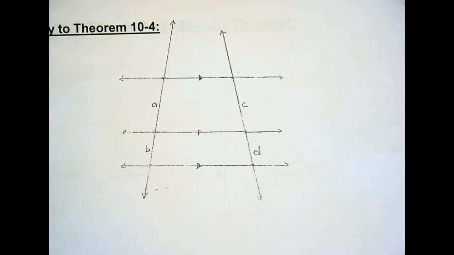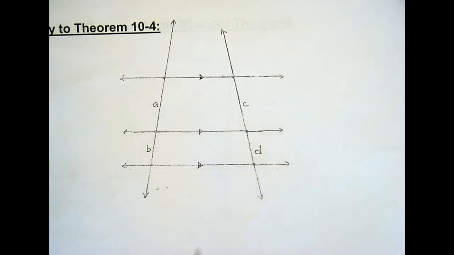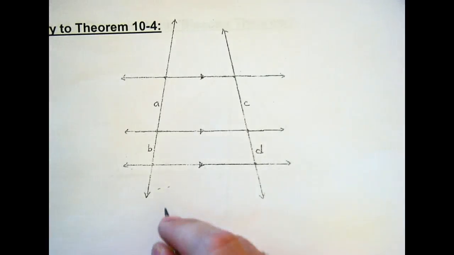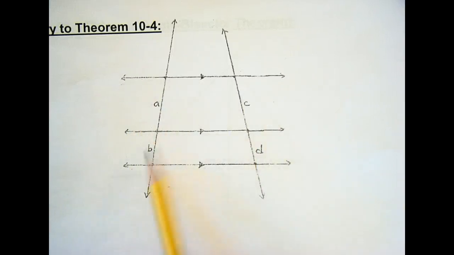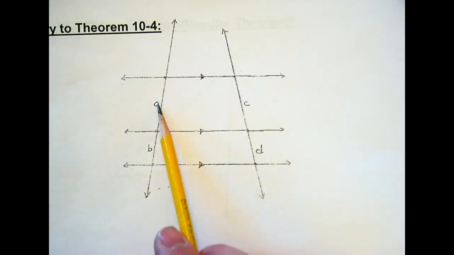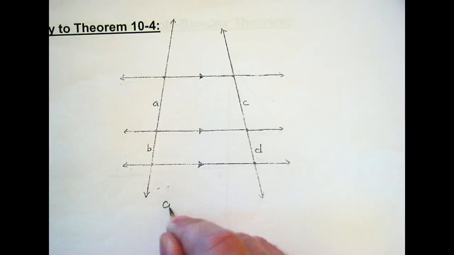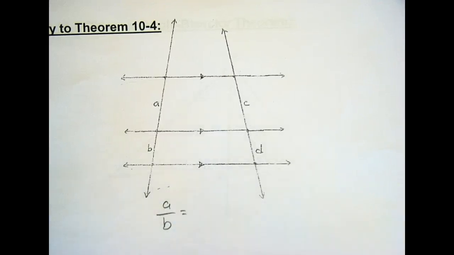Someone tell me what this corollary says. Go ahead. If three parallel lines intersect two transversals, then the segments intersected on the transversals are proportional. Good, so these were proportional. So in other words, A is to B as C is to D.